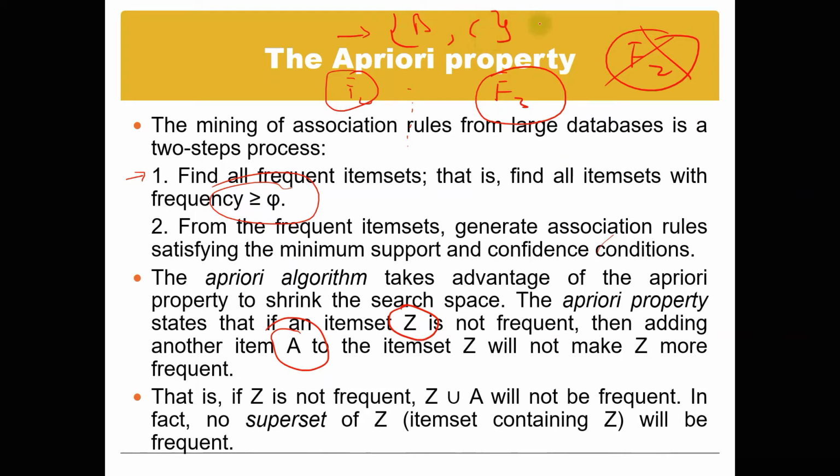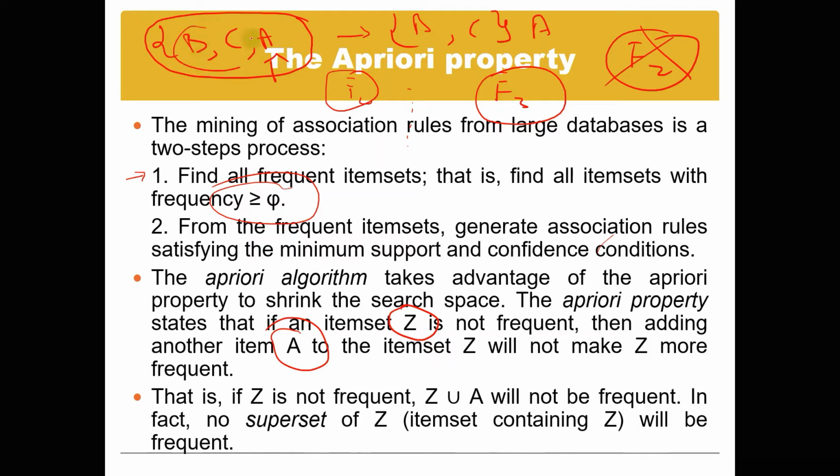Now, if I decide to add asparagus to it, that is, I now look at B, C, and A. That is, I add another item to it, one item to it. All right. I add another item A to this item set B, C. By default, this one will also not be frequent.